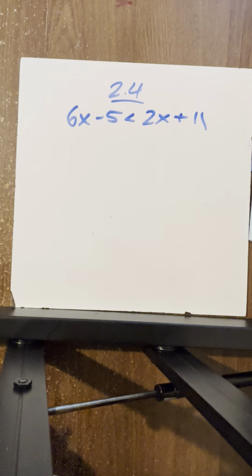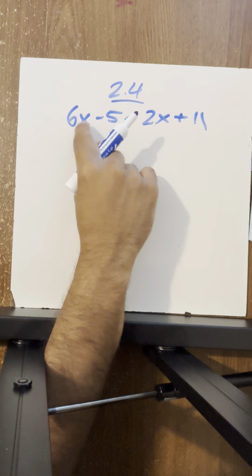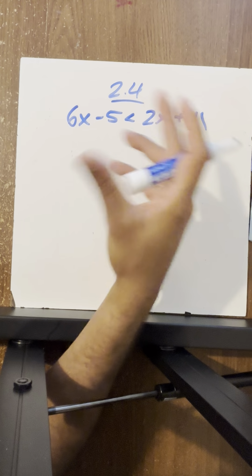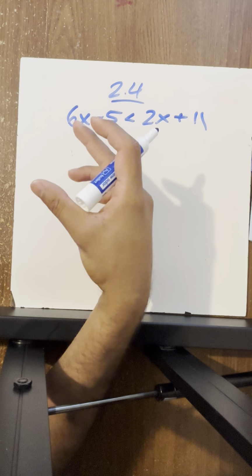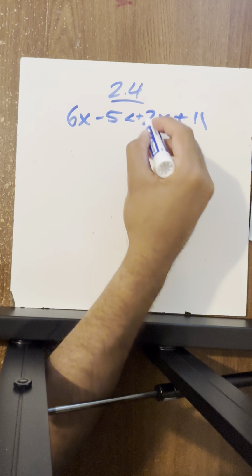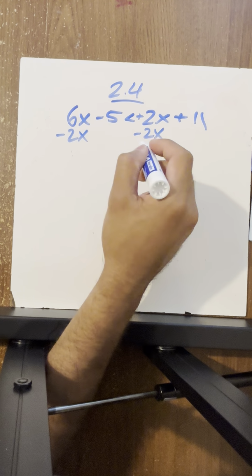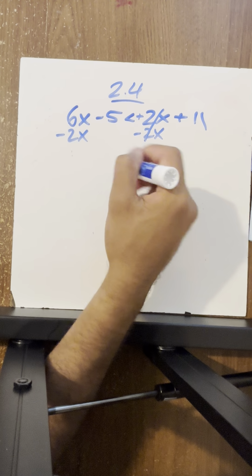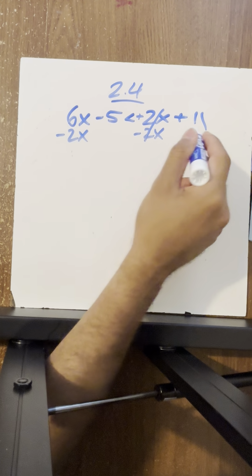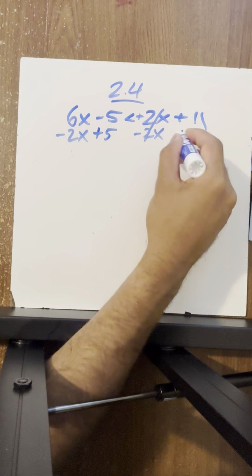All right, so what we have is an inequality with variables on both sides. Like I say, get your letters to the left and your numbers to the right. So this 2x, because it's positive right now, we'll subtract it on this side. That cancels out, 2x minus 2x goes away. And this minus 5, if we want to get it over here, let's add 5 because it was minus 5. So add 5 under the 11.